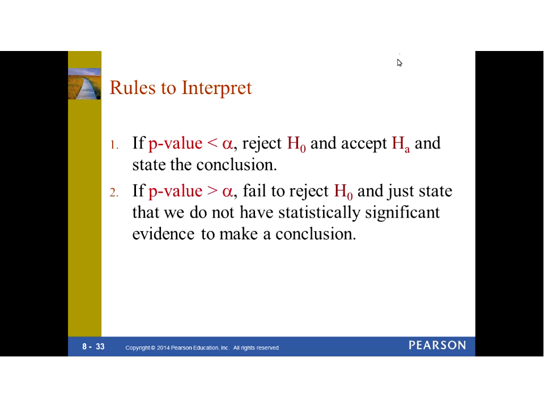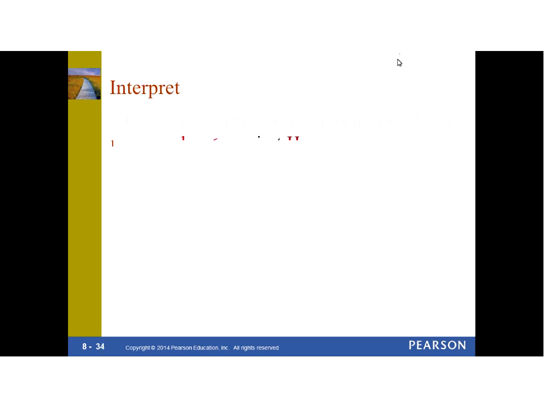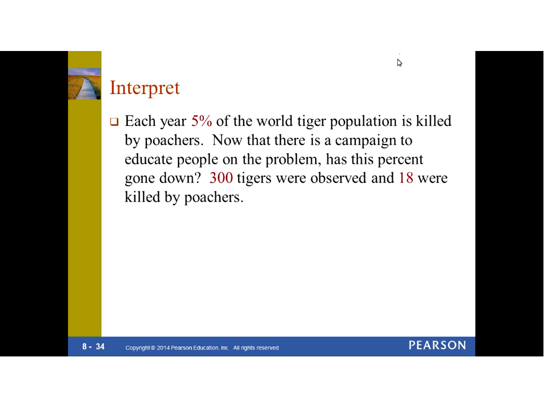Okay, so again, if the p-value is less than alpha, reject H0 and accept the alternative. If the p-value is greater than alpha, you don't reject H0, and we state that we do not have evidence to make a conclusion. So again, let's go back to the interpretation.